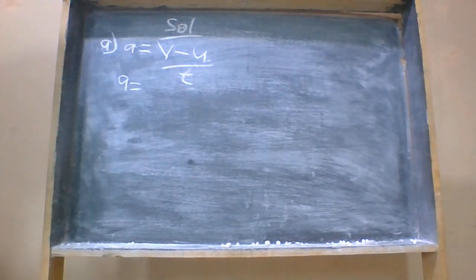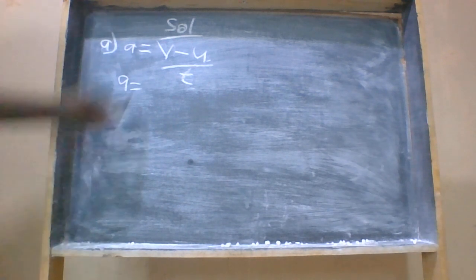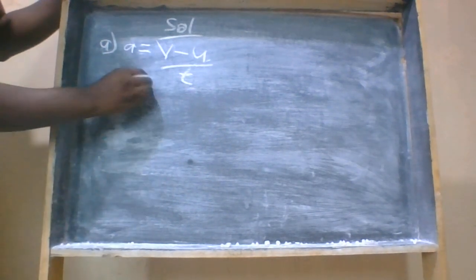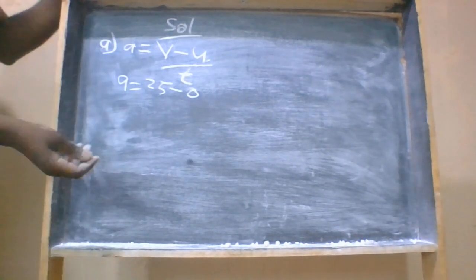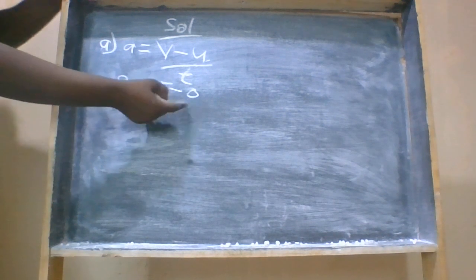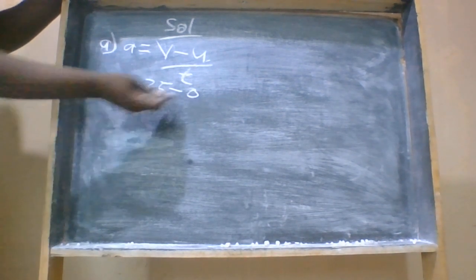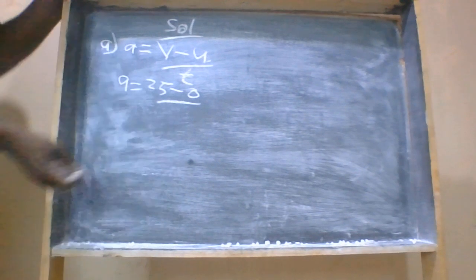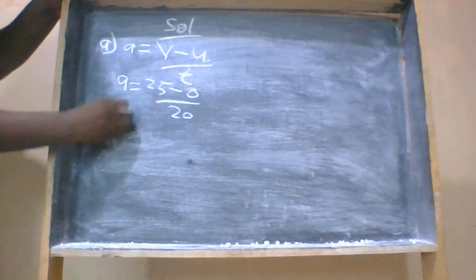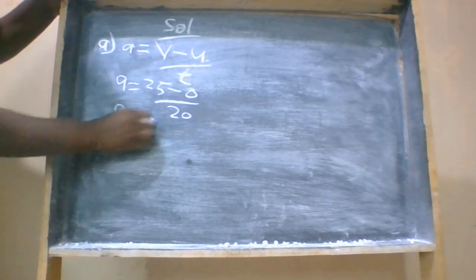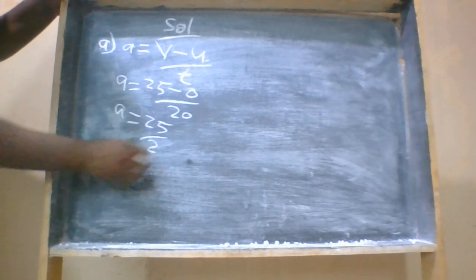It has accelerated from 0 to the velocity of 25 meters per second, which is the final velocity. Therefore, acceleration is equal to 25 minus 0, because an object at rest is not moving, so the velocity is 0, over the time, which was 20. Acceleration equals 25 over 20.